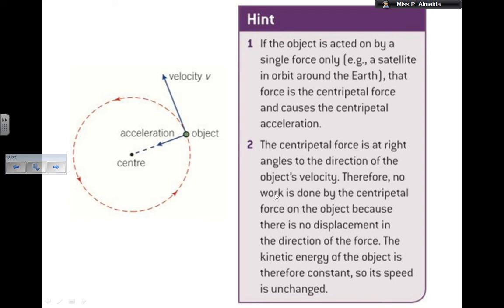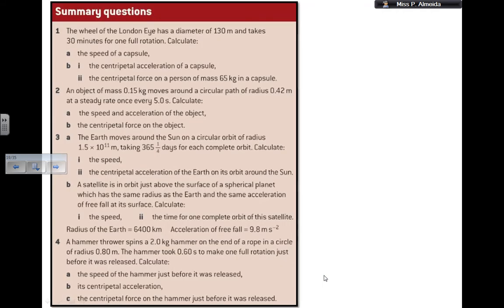But because no work is done, the change of kinetic energy is zero, so the kinetic energy is constant. Kinetic energy is equal to 1/2 times the mass times the velocity squared. So assuming that the mass is constant, because I have the same object, the speed is going to be unchanged. Okay?